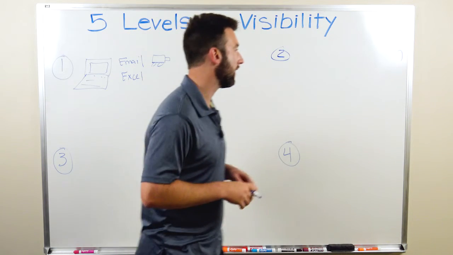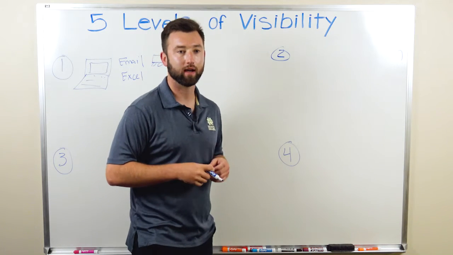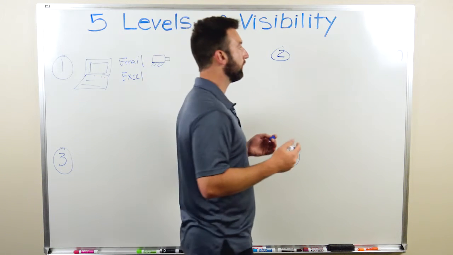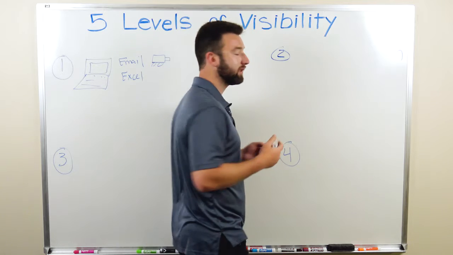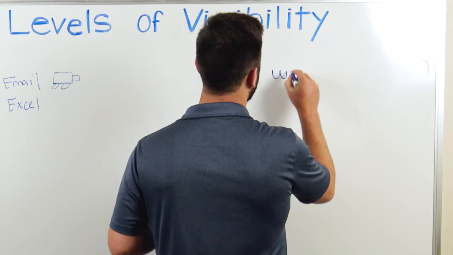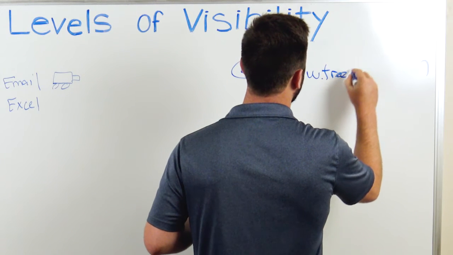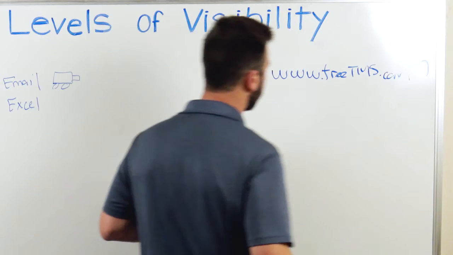After that, the next level up is an introductory TMS. A lot of times, we'll see prospects working with maybe a broker TMS, or, let's be really generic, and we'll say the example is freetms.com.